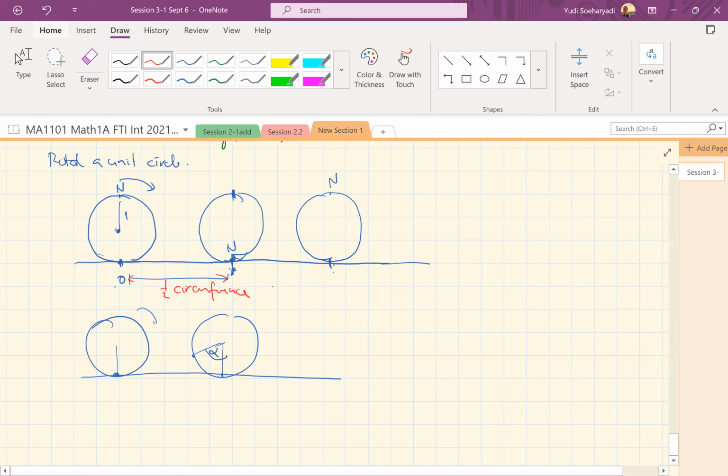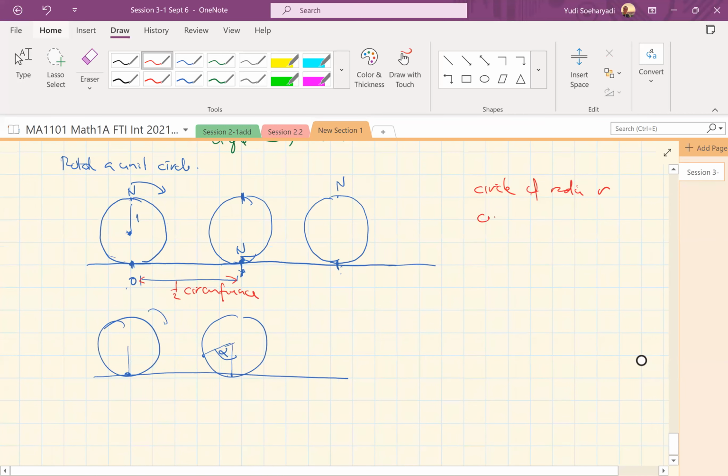So what is the circumference of the unit circle? It is 2 pi r.